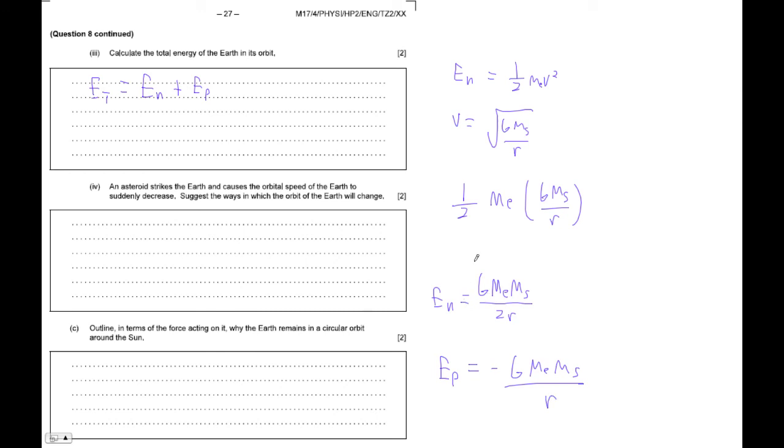Now, I hope you realize that the kinetic energy is negative 1/2 of the potential energy. This is 1/2 of this if you ignore the minus sign. So the potential energy is negative twice the kinetic, and that must always be true if it's in a circular orbit, which is an interesting thing to understand.